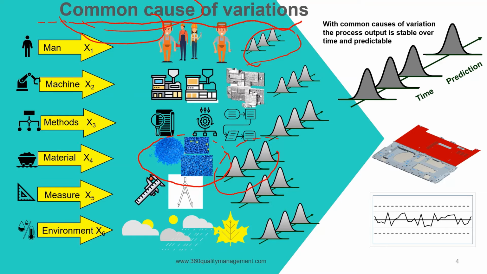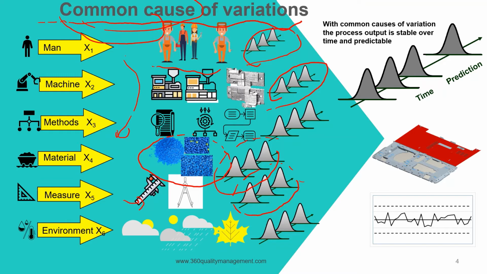Machine, there could be a natural drift or shift from time to time, which is acceptable. And the man that operates within the variations by following the methods, there could be subtle differences. And also the measurement process, there is also an acceptable range of variations.